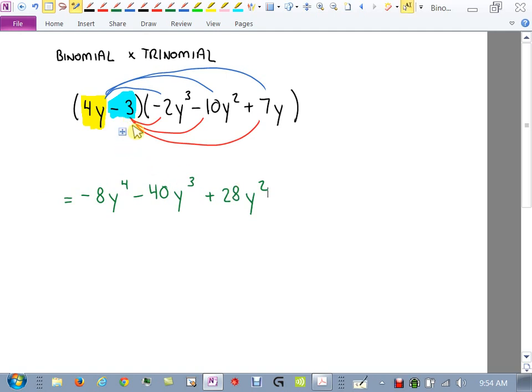Now I do negative 3 times negative 2, which is positive 6. And how many y's will I have? Y cubed. Then I do negative 3 times negative 10, which is positive 30. How many y's do we have there? Y squared. It's weird because a lot of times I'll say, how many y's do we have?